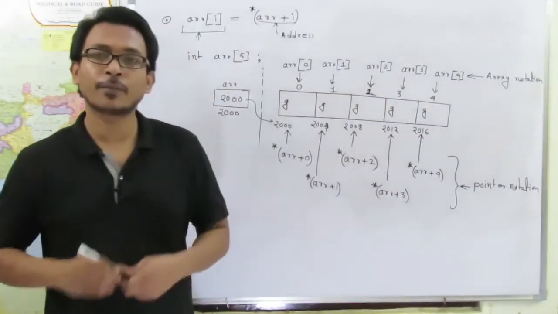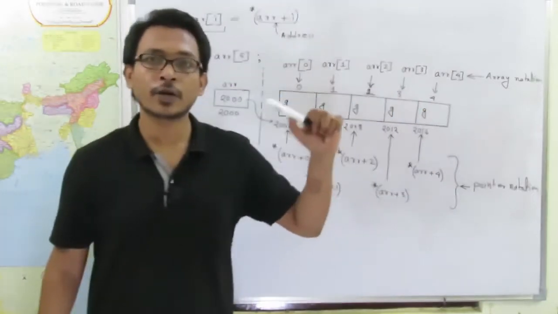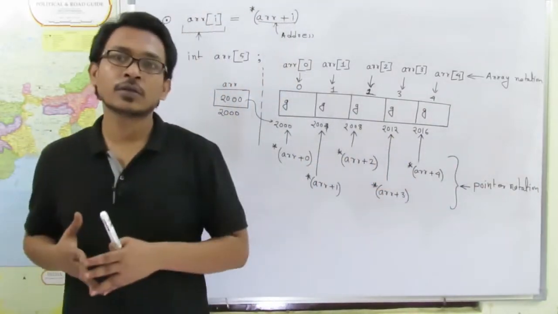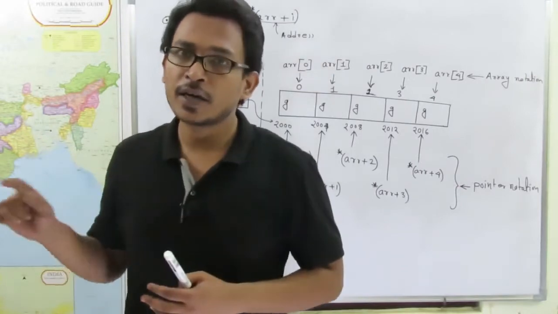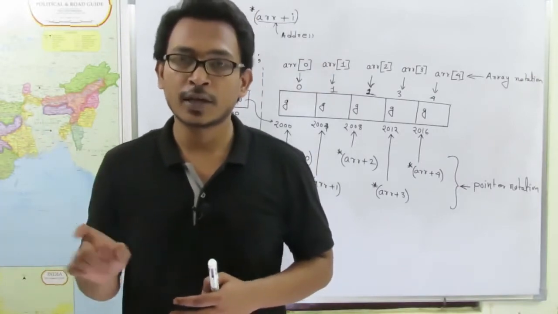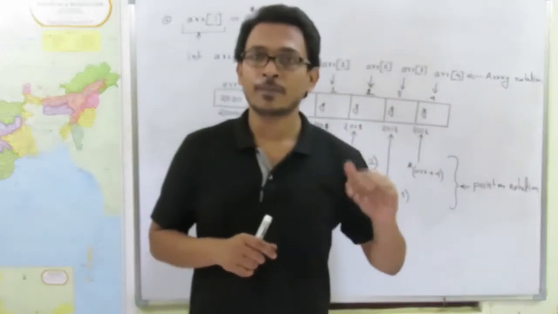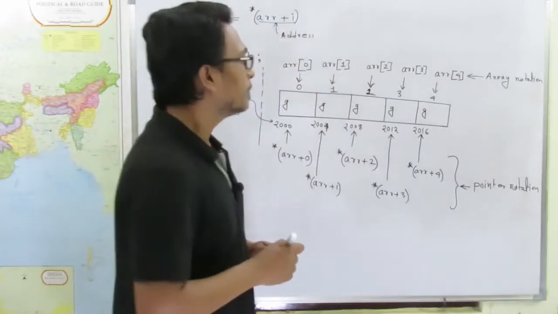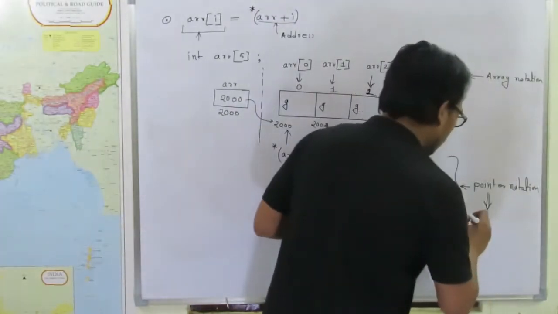For a programmer, array notation is comfortable, but the system works with pointer notation. That means whenever we use array notation, the system internally converts it into pointer notation. After that, the system accesses the element from the given location. Clear? That means pointer notation is used by the system.